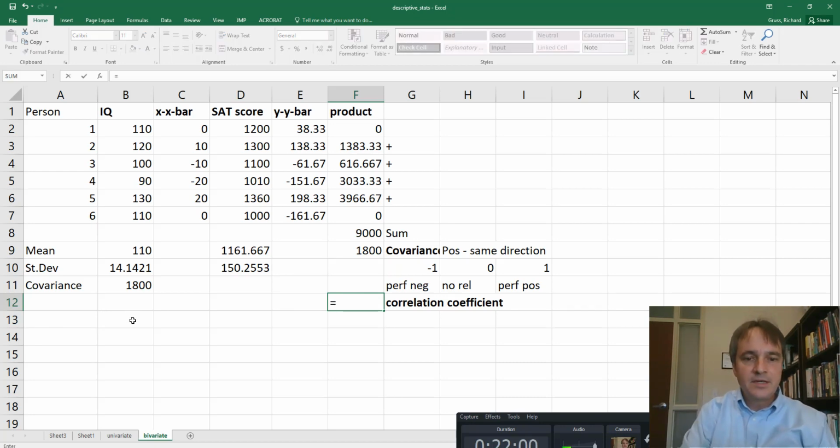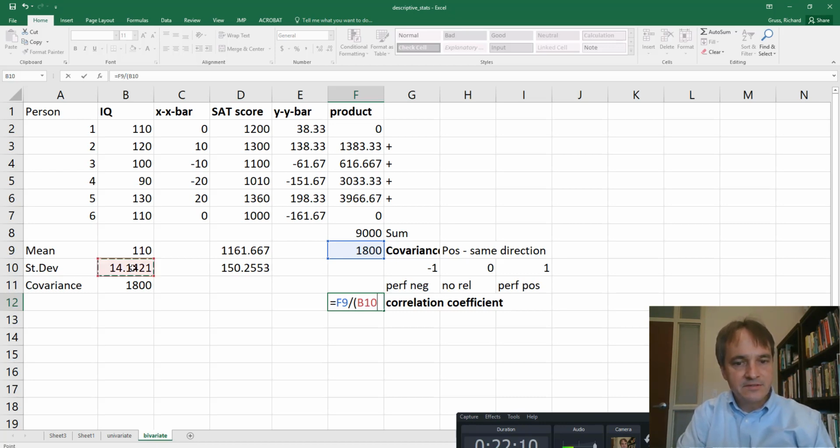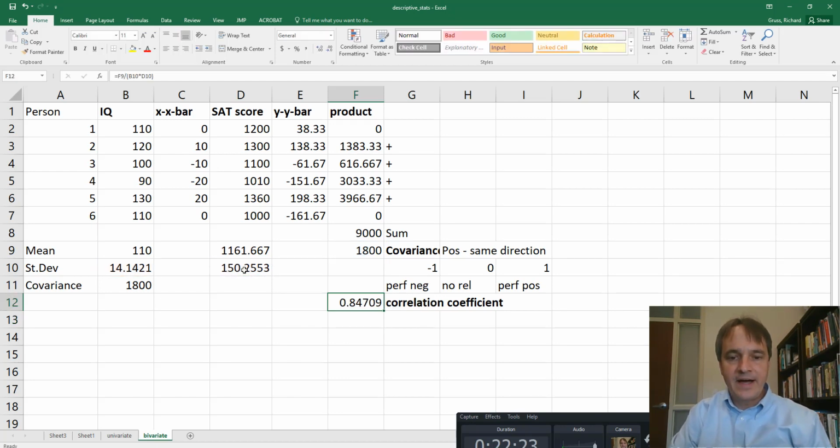So we set this equal to the covariance divided by the standard deviations for each of the variables. This is the standard deviation of IQ, times the standard deviation of the SAT score. So 0.85.